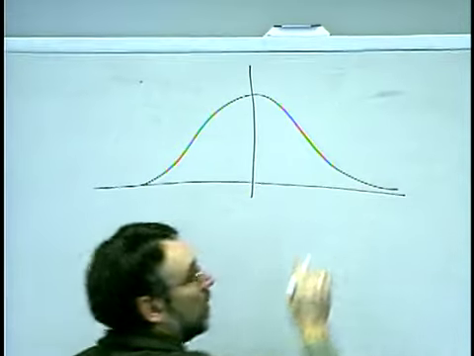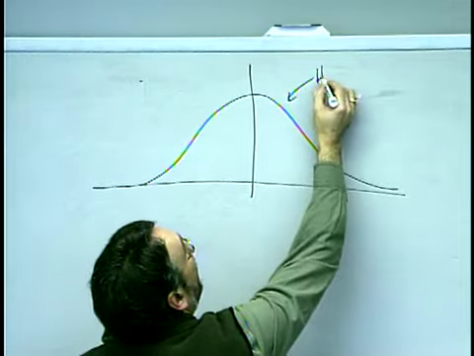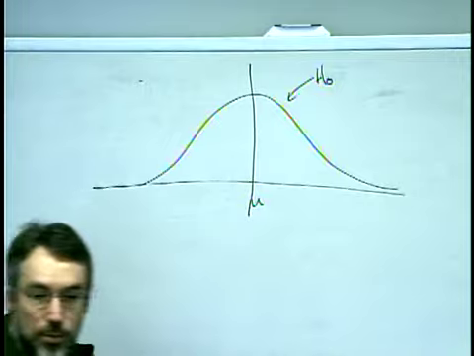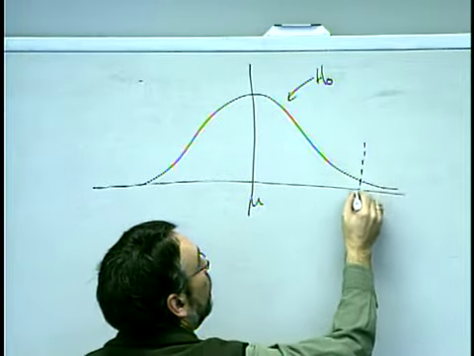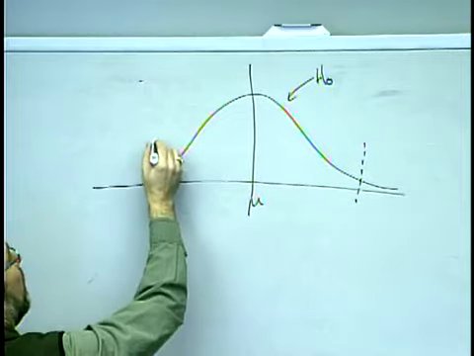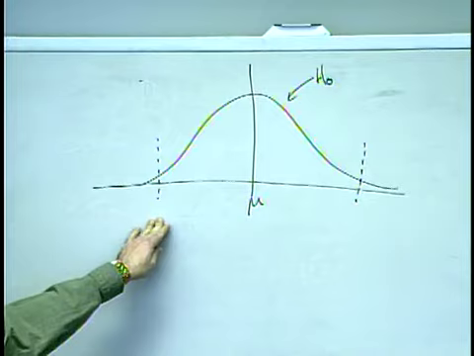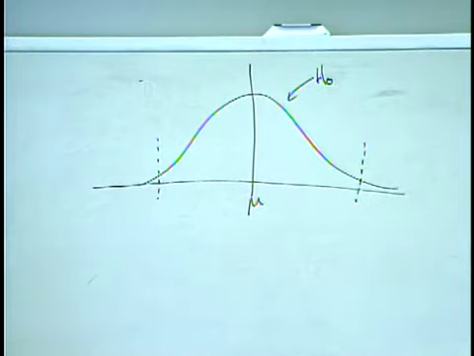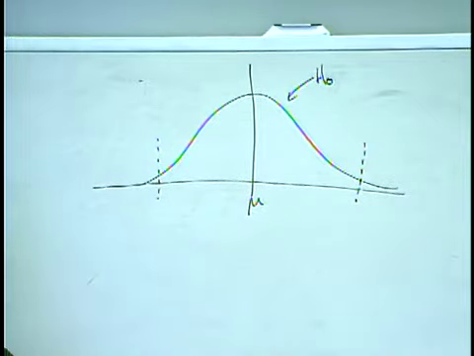I'm going to assume here that it's a Gaussian. We'll call that H naught. It's got some mu, some true process mean. And what we said is we pick control limits, or in the hypothesis test case, acceptance regions. But I'm going to sort of use the control chart terminology, since that's what we're dealing with here. We pick where these limits are based on a probability of false alarm.